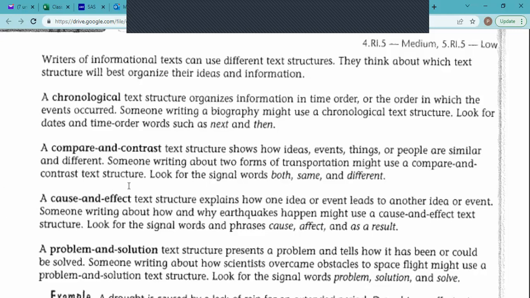A compare and contrast. Now that would be showing ideas and events, things, or people that are similar and different. So someone writing about 2 forms of transportation might use a compare and contrast text structure. So you need to look for some keywords, or signal words, when it comes to compare and contrast.